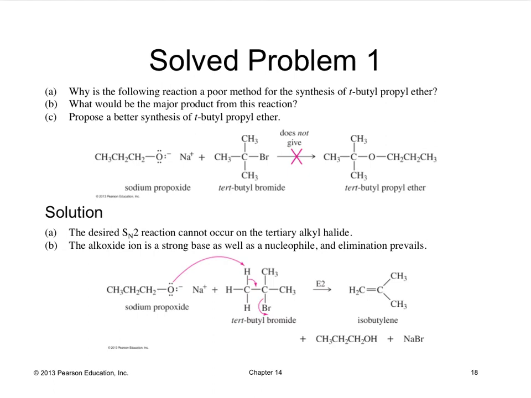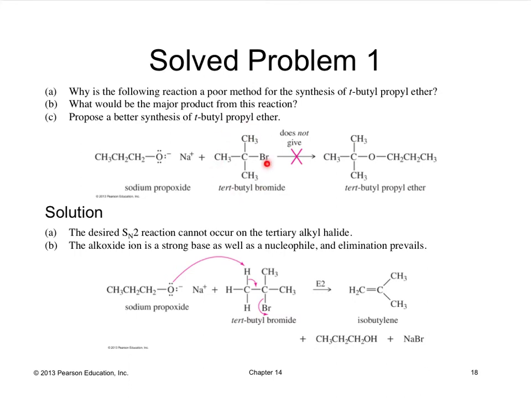So let's do a problem. Why is the following reaction a poor method for the synthesis of tert-butyl propyl ether? So here's the synthesis of tert-butyl propyl ether. You're using the propoxide, then you're using tert-butyl bromide, and you're trying to generate the ether. So why is that bad?